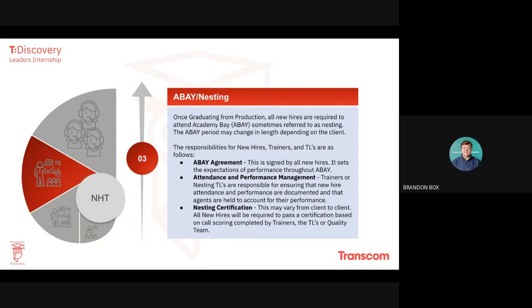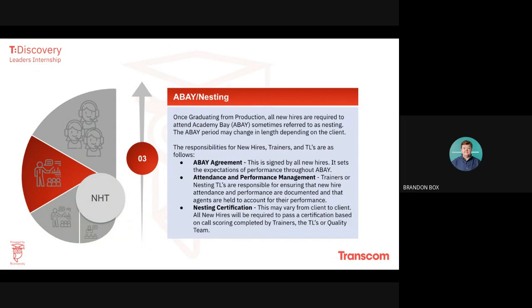For the new hire, the A-Bay agreement is essentially the same as the training agreement. So this is signed by all new hires, and it really sets the expectations of performance throughout A-Bay. Typically, they will receive milestones that they must achieve throughout their A-Bay experience.